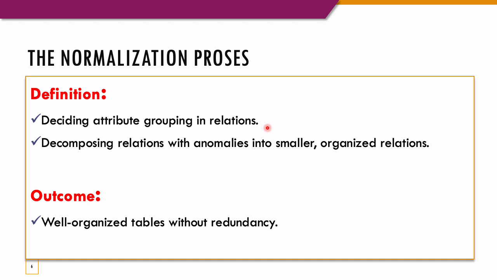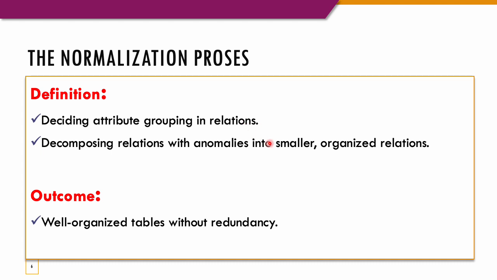In normalization, you decide how to group attributes in columns, in tables, or relations based on their logical connections. This means carefully selecting which attributes should be grouped together in the same table to ensure that the data is organized logically.